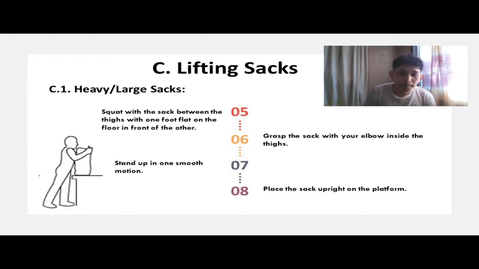After that, the next process that you're going to do is to stand in one smooth motion where you will be lifting the sack onto the platform. So at the moment that you stand up, you should also place the sack on the platform.